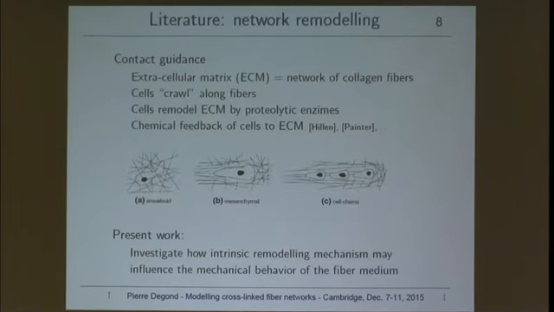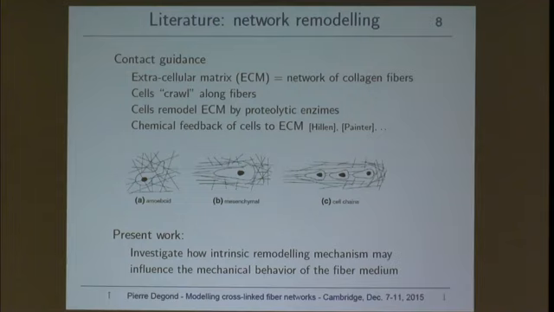So our network has the possibility to remodel, and there has also been some work about network remodeling, but basically in relation to interactions with cells, and we've seen a very nice talk this morning about crawling through networks. Some cells, for instance, if you think of this mesenchymal type of movement, these cells reorganize the extracellular matrix around themselves.